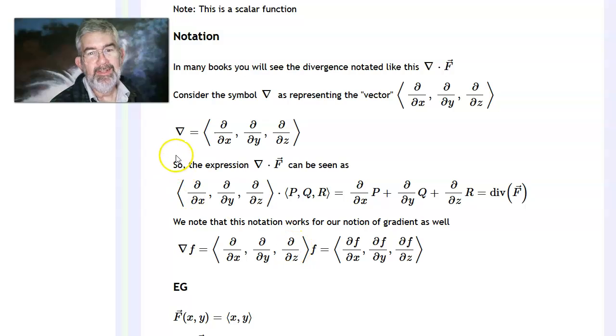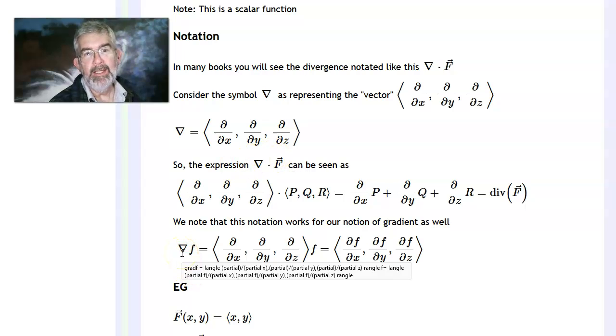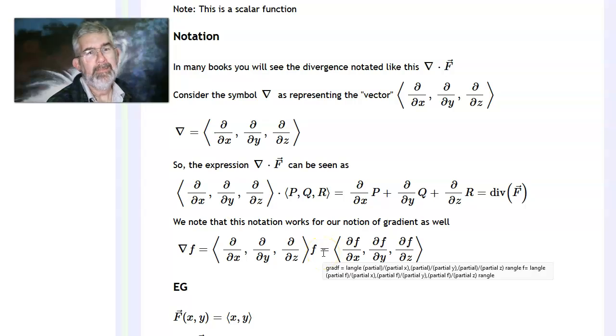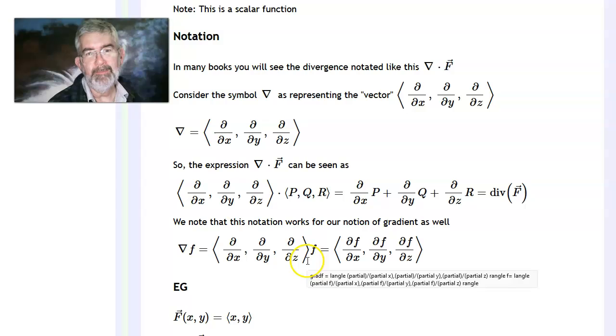So del, this thing here, it's not a vector. It is an operator that operates in a couple different ways depending on how you use it, right? In taking the gradient, we're multiplying it, again, multiplying in quotes, or applying it to a scalar function.